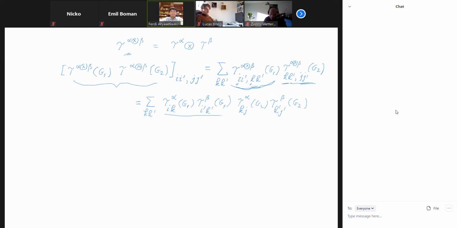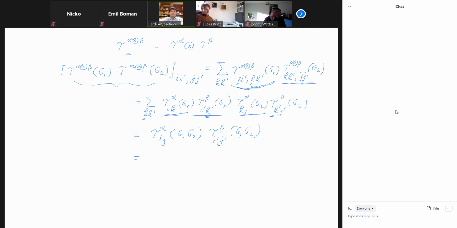Now we can form the multiplication between this one and that one, because we sum over k. That's just a matrix multiplication. So we get T^alpha_ij(G1G2), and for the beta we have a similar thing: we multiply these two and get T^beta_i'j'(G1G2).